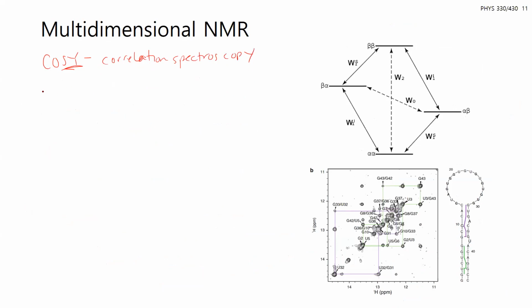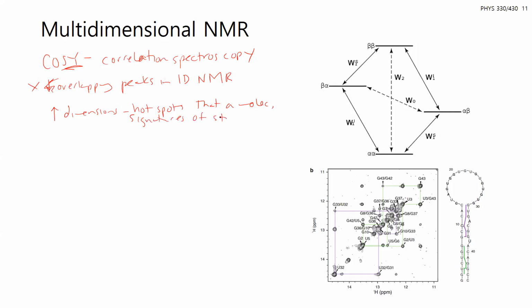And the overlapping peaks in 1D NMR make this a challenge. So if you increase the dimensions, you can look for hotspots that are molecular signatures of the structure.